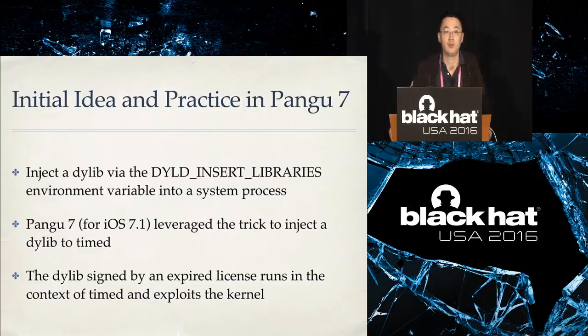So basically, it will tell the dynamic loader, you should load these libraries first before you run the program. So in Pangu 7, we use this trick to inject a library into timed. timed is a system process. And that library is signed by a kind of expired license. As a result, our library runs in the context of timed and continues to exploit the kernel. So it seems very easy, right?